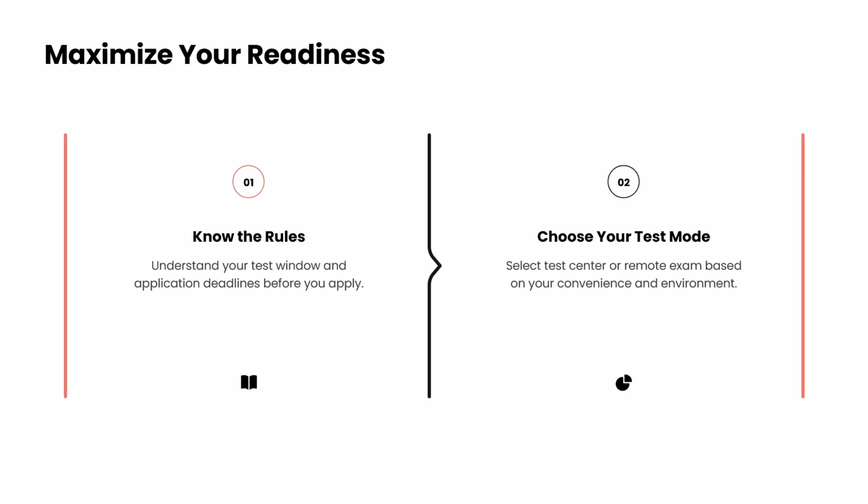And when booking for the exam, you need to make a choice about what type of test you want to take, whether you want to go to the center or take the remote proctored test. You need to understand your test window, and you need to book your exam during that test window. So in this video, we talked about three things. We talked about the fee, how much it costs.